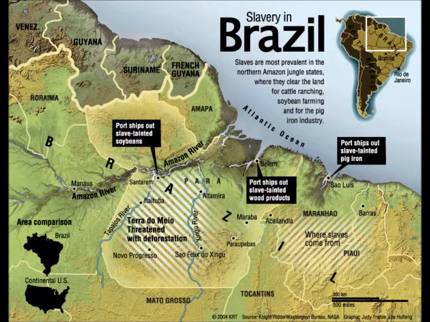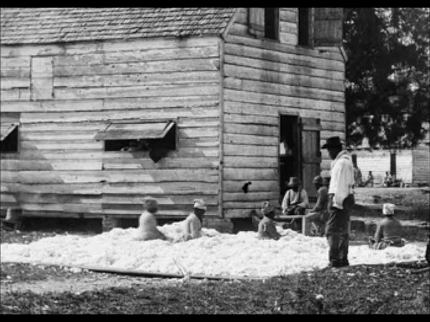Also, other slaves were used in more unusual jobs. Moreover, plantation life in the Caribbean.